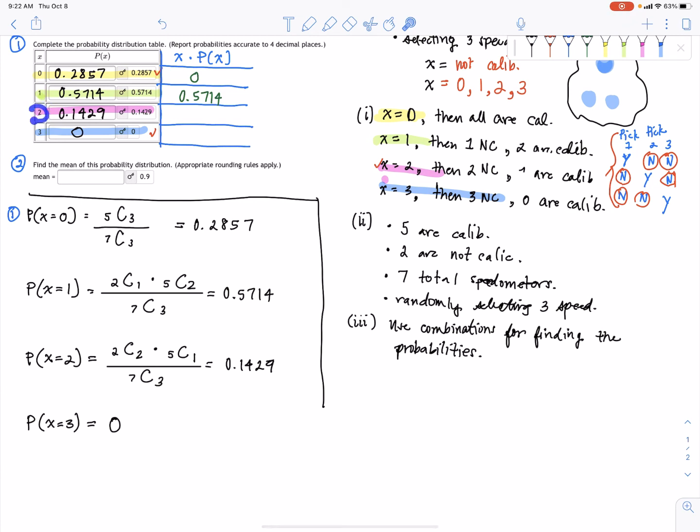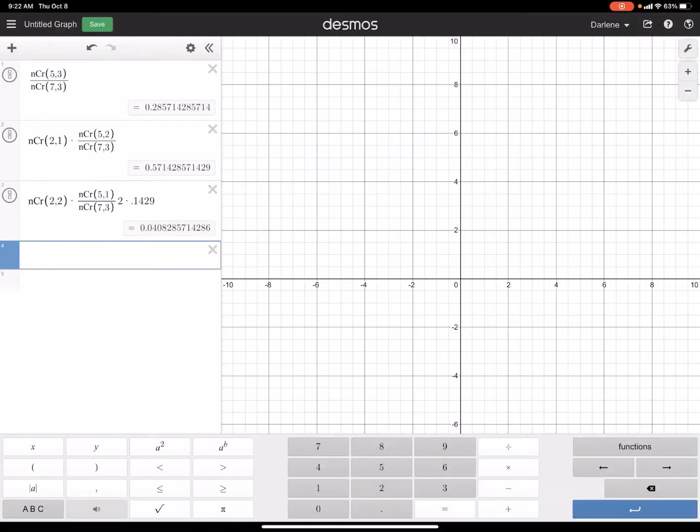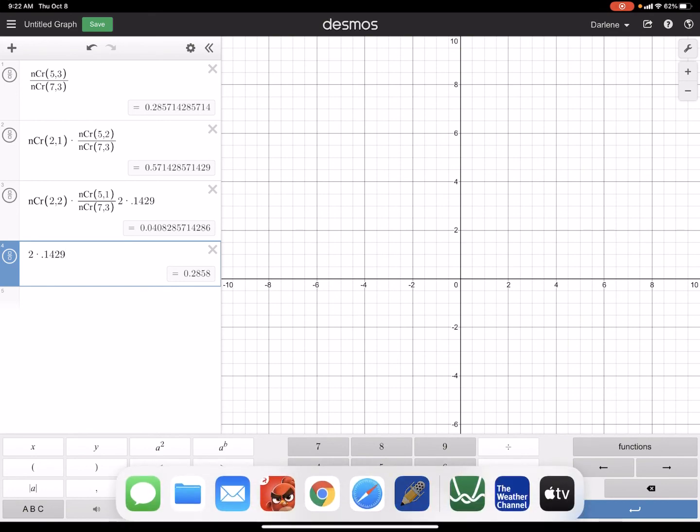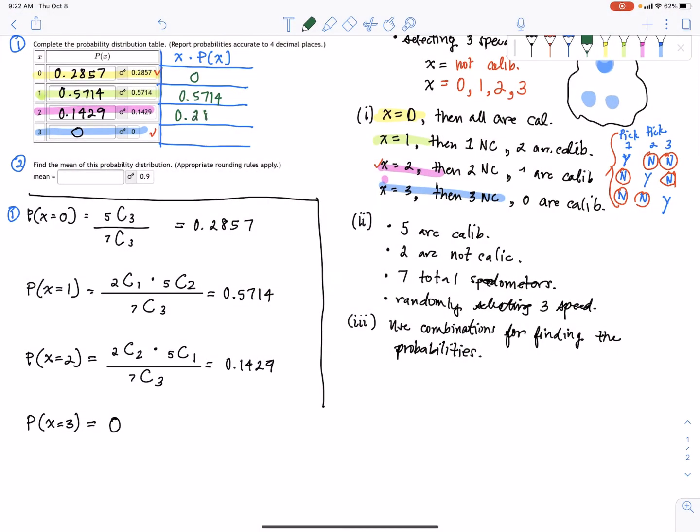For x equals 2, 2 times 0.1429, well, we can put that in the calculator: 2 times 0.1429, and we get 0.2858. And the last one, 3 times 0, that's the same as above, which is 0.